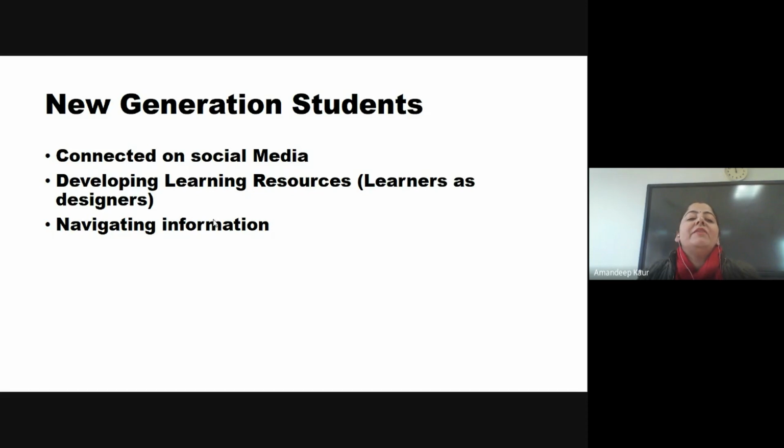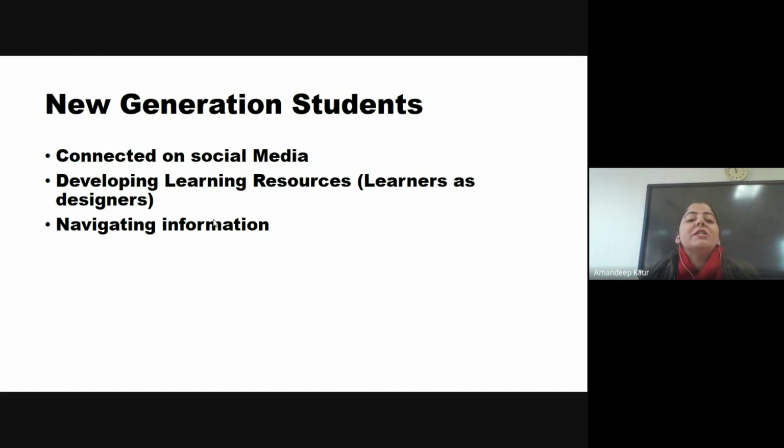They are able to navigate information. When I say they are able to navigate information, for example, while sitting at NITTTR Chandigarh, if a student from the electronics and communication engineering branch has information related to XYZ software, and a student from another university wants information about that software, or wants to run a program on that software, these students can connect together and pass information to each other.